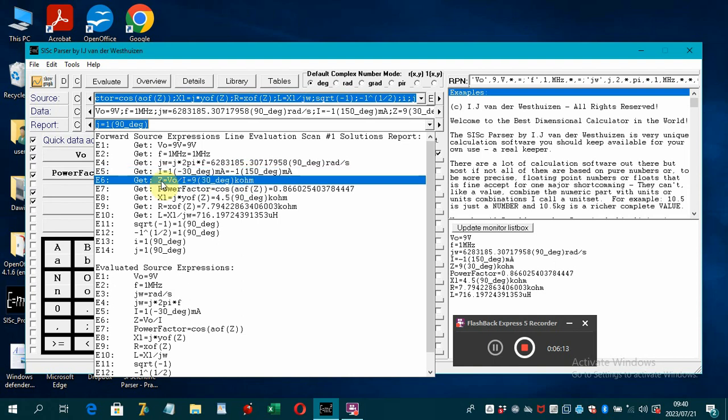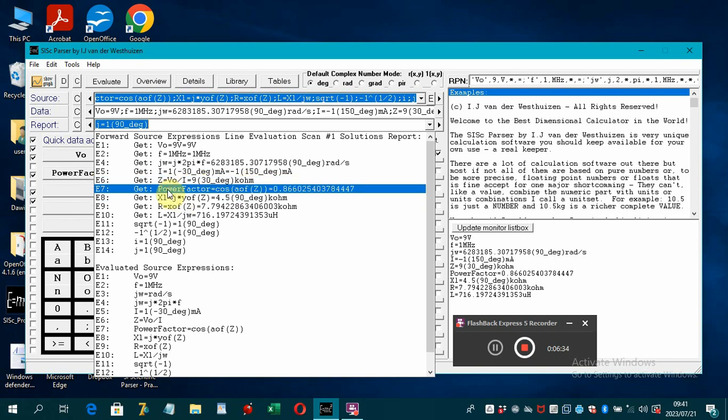Okay, so the impedance Z is the output voltage of 9 volt divided by the current with a negative phase angle of minus 30 degrees, and it gives you 9 angle 30 degrees kilo ohm.